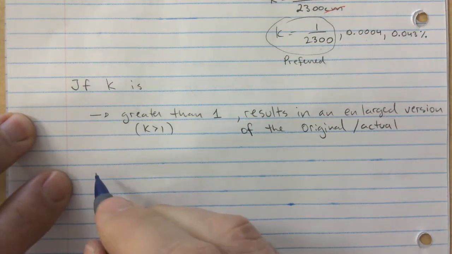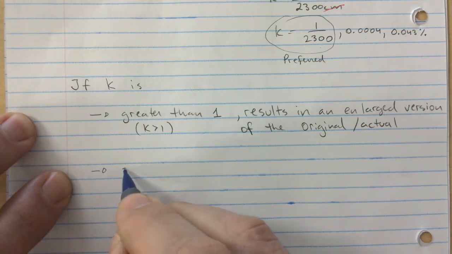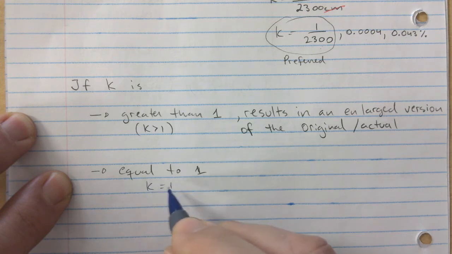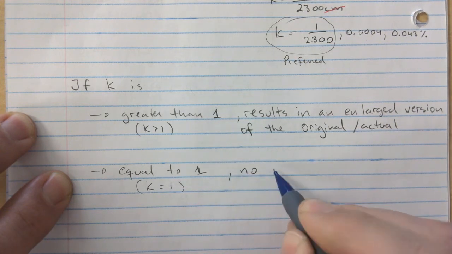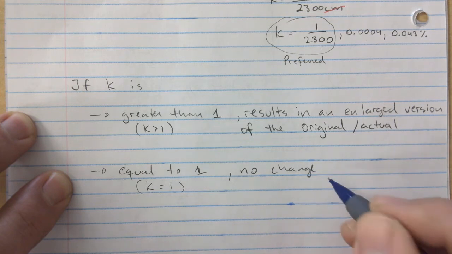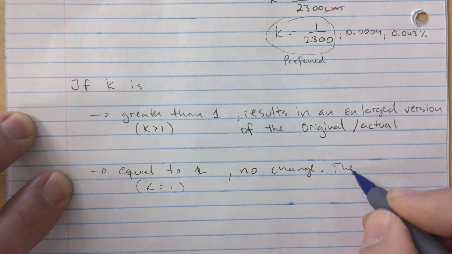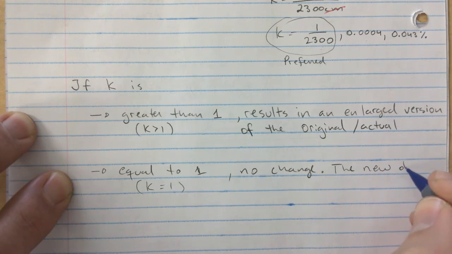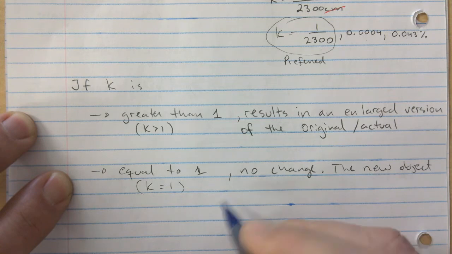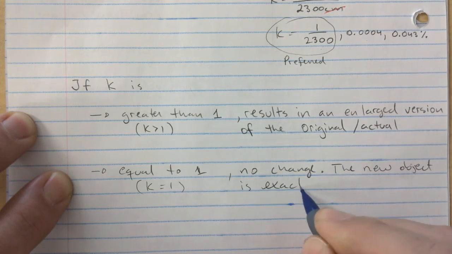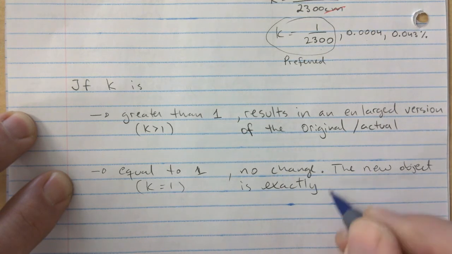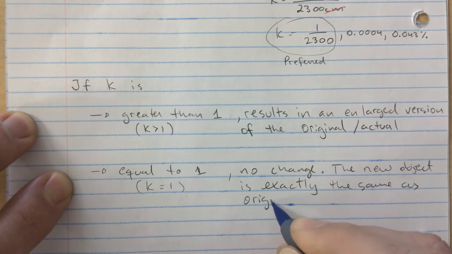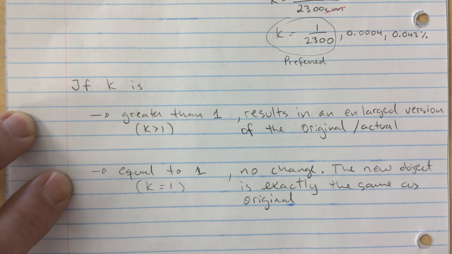Okay. If K is equal to 1, no change. The new object is exactly the same. Okay.